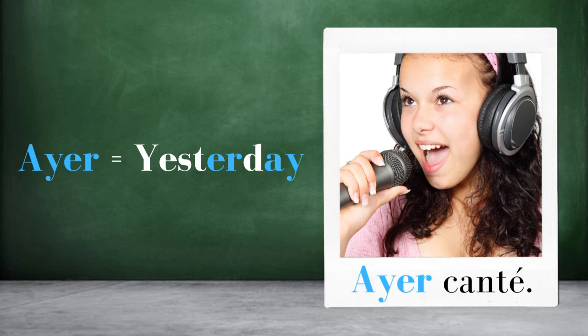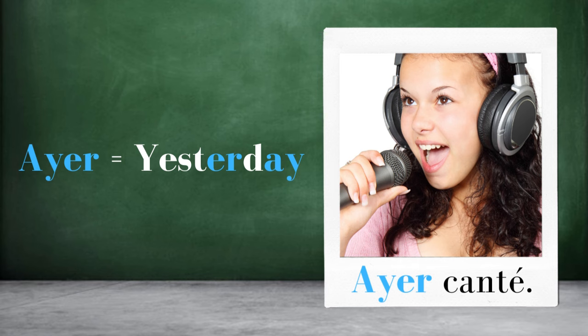Ayer means yesterday. The way I remember what this word means is that all of the letters of the word ayer are also in the word yesterday. Ayer is one of our key words to let us know that we're going to use the preterite tense since we're talking about something that we did in the past, yesterday.